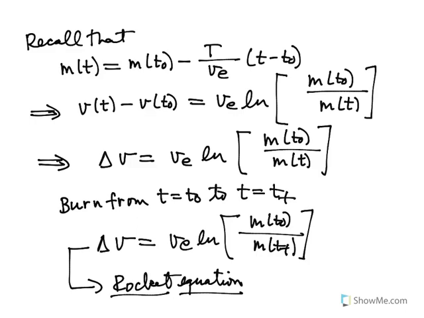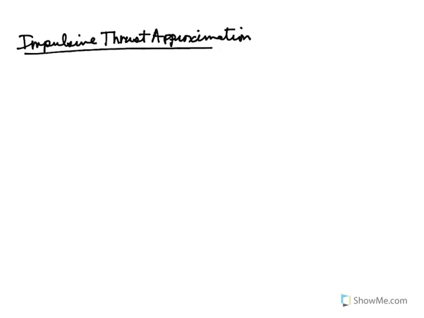Now, the last thing that we're going to do in this lecture is as follows. We're going to do what's called the impulsive thrust approximation. The impulsive thrust approximation works as follows, which is that imagine that I have a very large thrust over a small amount of time.